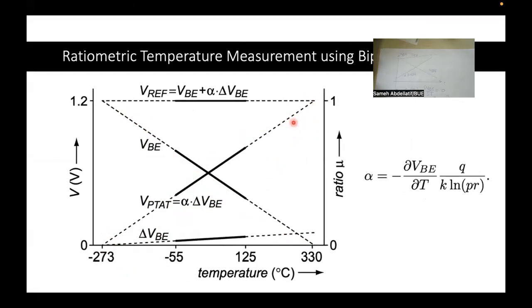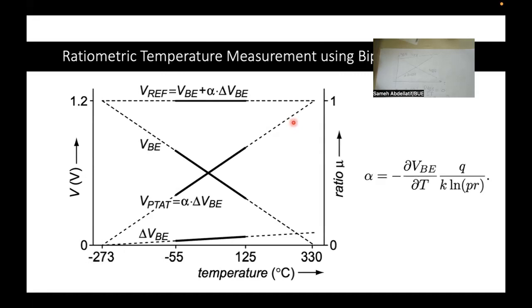This is one of the very essential voltages in electronics, what we call the band gap voltage. And as you can see, its definition is that it's a voltage that is temperature independent due to the summation of two temperature dependent components.